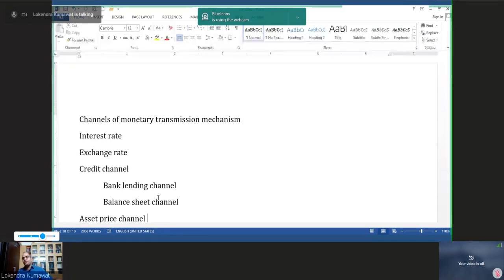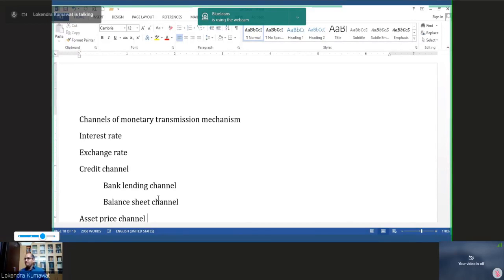Broadly, it says that as the stock prices decline, investment made by the firms declines. Secondly, consumption depends on wealth also. The more wealth you have, the more consumption you make. As stock prices decline, people's wealth declines, they reduce their consumption. So consumption declines, investment declines, which means a decline in asset prices leads to a decline in aggregate demand. So there is another channel. So there are 4 channels of monetary transmission.